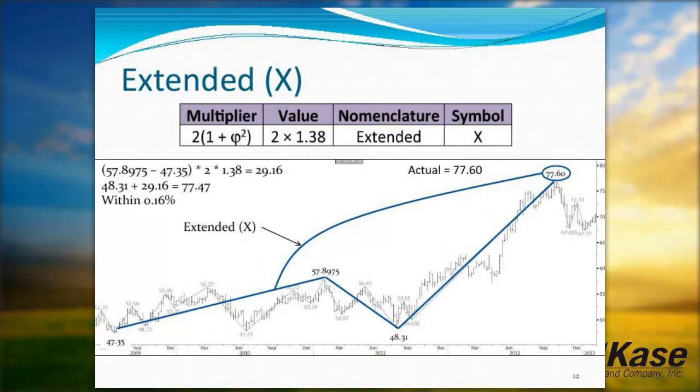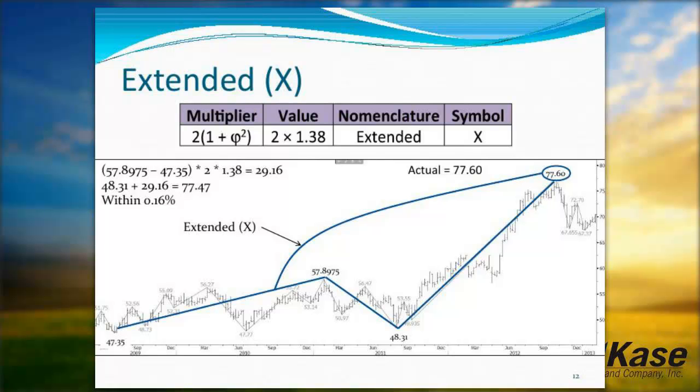The X, or sometimes you'll hear me refer to this as the XC or extended wave C, is actually a projection that we picked up. It's 2 times 1.382, and it's a value that many times will line up with the trend terminus, which we're going to look at in a moment, which is 3x, and will also be near the end of a 5-wave trend.